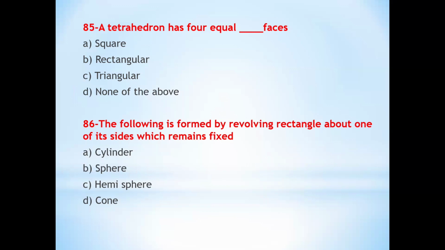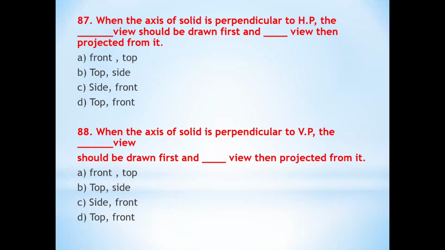Okay, we'll see the next one. When the axis of the solid is perpendicular to HP, the dash dash view should be drawn first and dash dash view then projected from it.